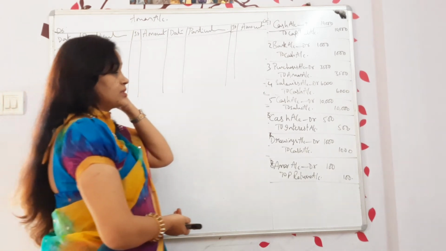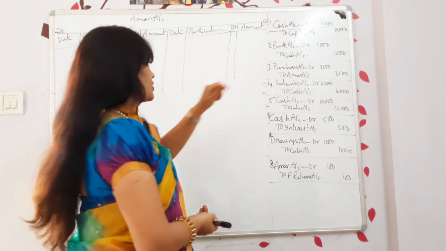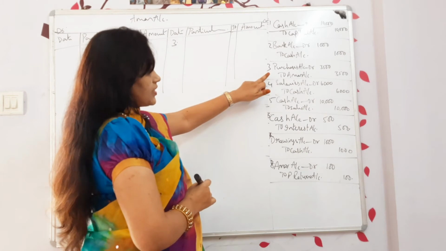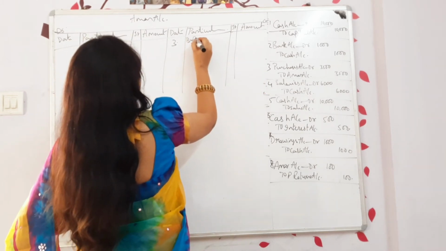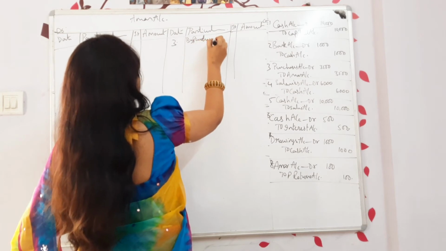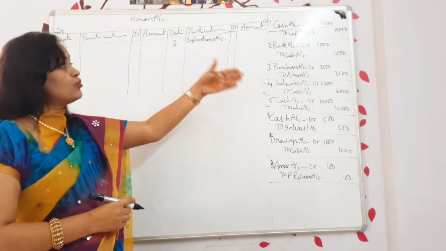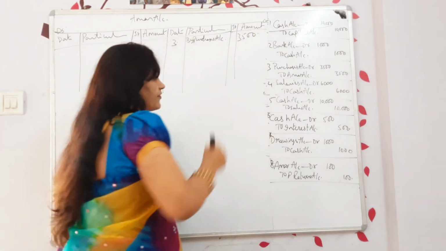Where can you see the word Amar? Credit side in the third transaction. So third transaction, credit side, what should I write? Again Amar I am writing: by purchases account. By the time we complete this video, you must learn how to write the ledgers. Got it? 3,500.